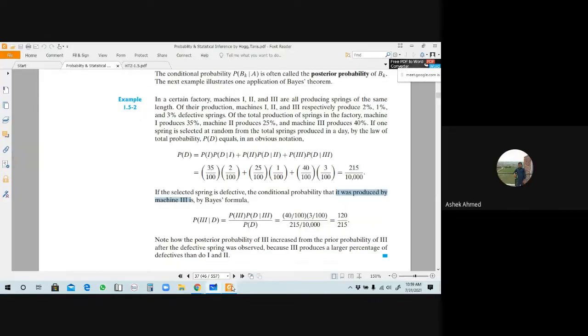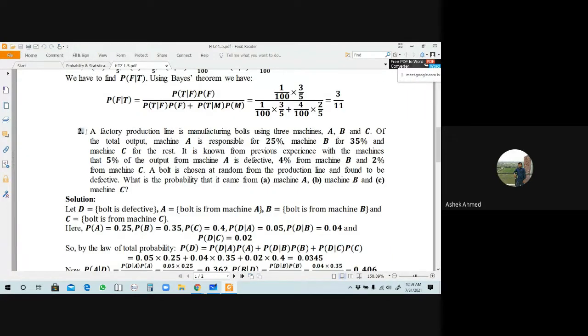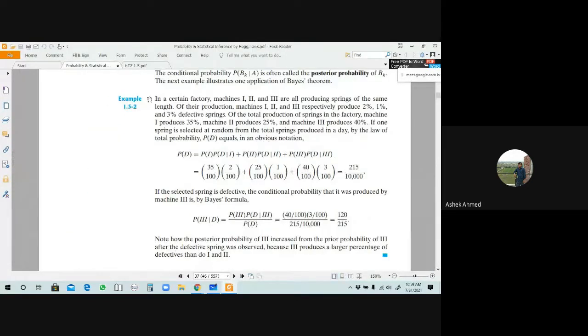So this is the result here. This is only for the third machine. Similarly, you can find out for the first and second machines also. So we can say that this example is directly similar to example problem number 2. The same way you solve problem 2, you can solve example number 2 also.